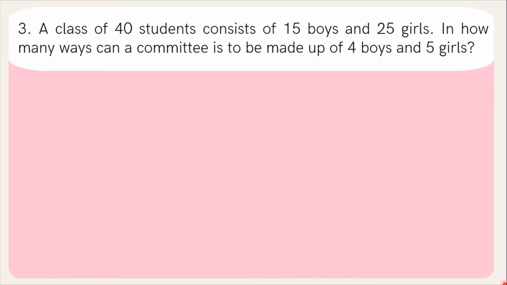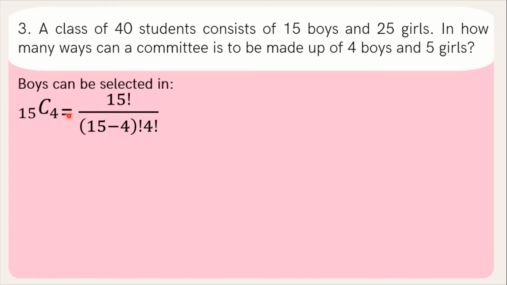So, simulan natin with combination of boys. So, the boys, yung 4 boys, can be selected in, we have combination of 15 taken 4. Yung 4 na boys, kukunin natin doon sa 15 na boys. Okay? Now, applying the formula, we have 15 factorial over 15 minus 4 factorial times 4 factorial.